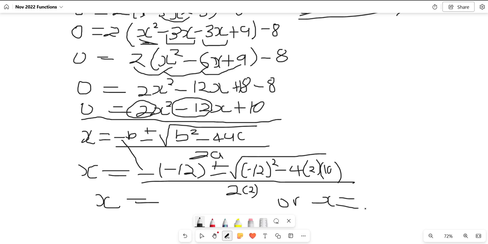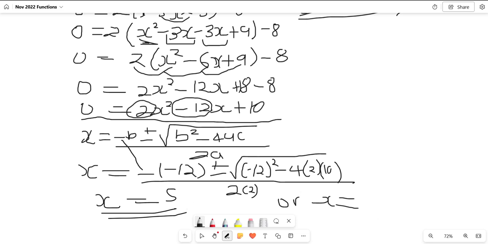Negative into negative 12, plus first negative 12 all squared, minus 4 into the value of a 2 and the value of c 10, into 2 multiplied by 2. The first solution of x, or the first x-intercept, is positive 5. And we go back where we have a plus, put a minus there.